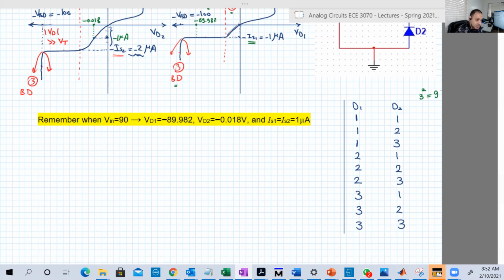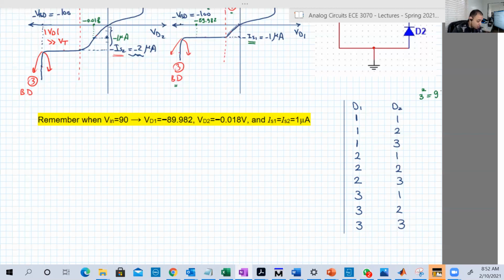So last time, since the input was 90 volts, and to go into breakdown the source must provide enough voltage for the diode to go into breakdown. The diode cannot drive itself into breakdown. It needs a source that gives the diode its breakdown voltage, which is minus 100, so it can go into breakdown.